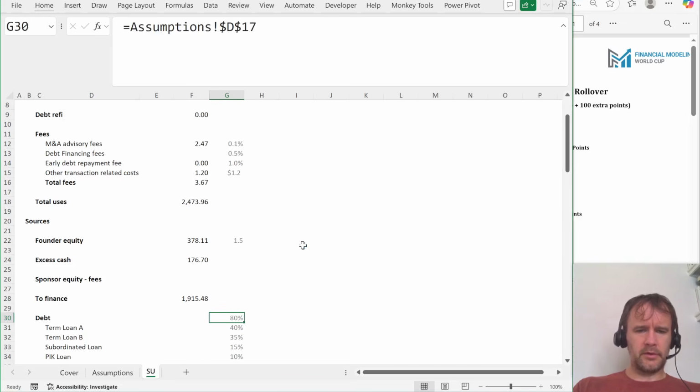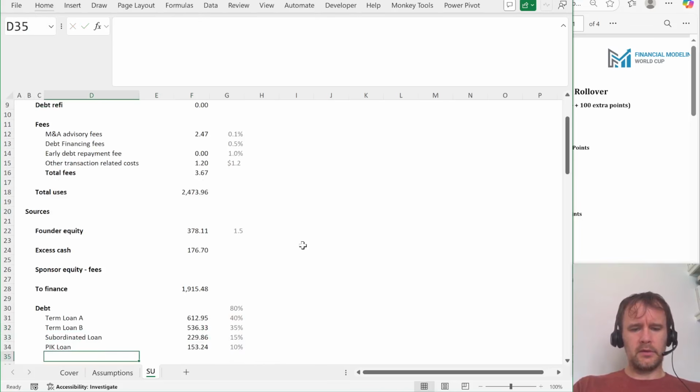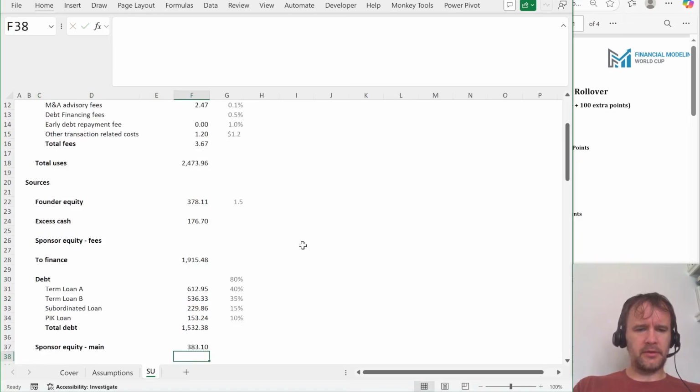Just paste that there, I guess. So it's going to be this times these, and then total debt. Okay, and then sponsor equity main is going to be the other 20%, which is that minus that.